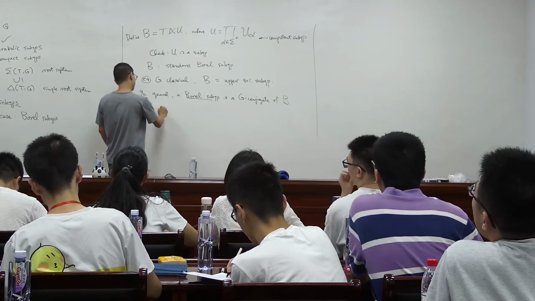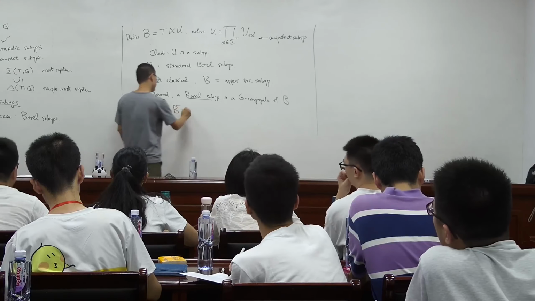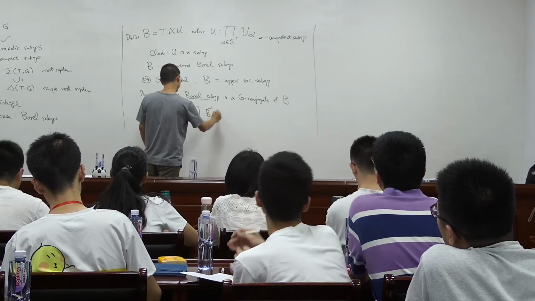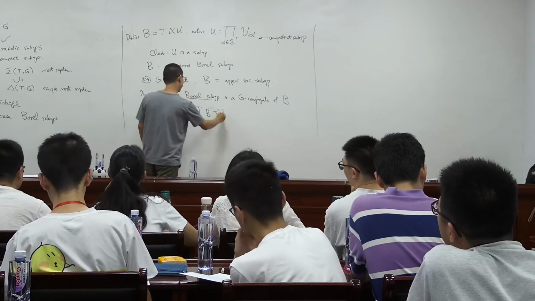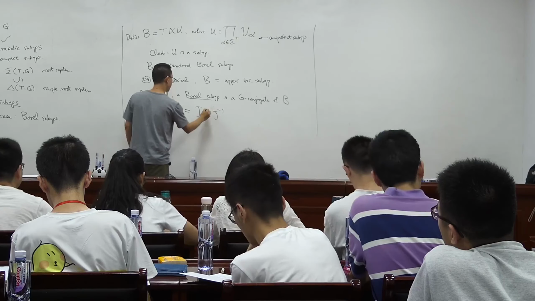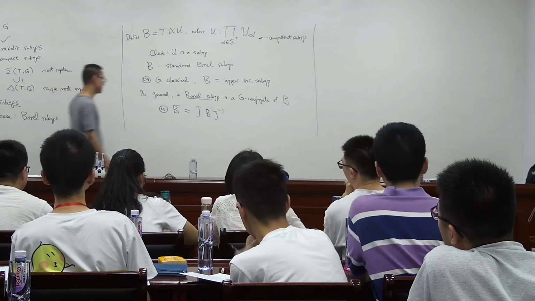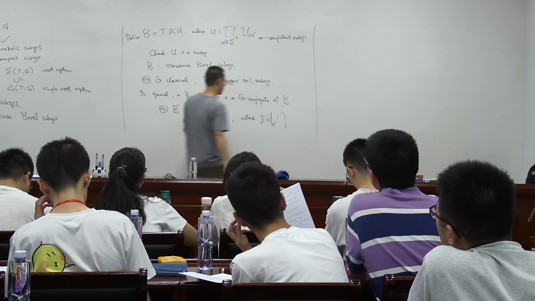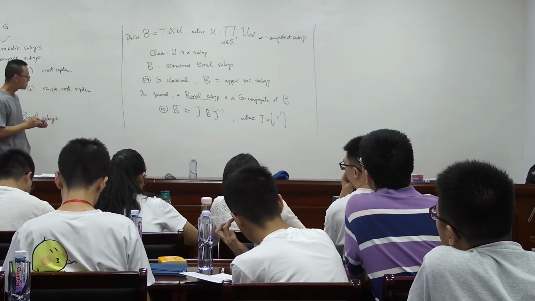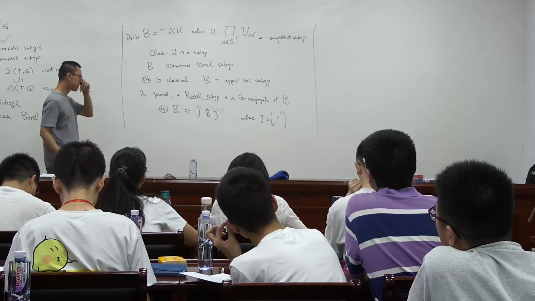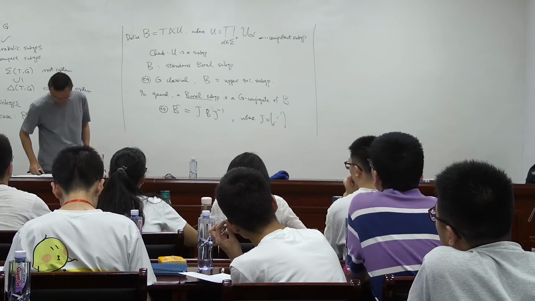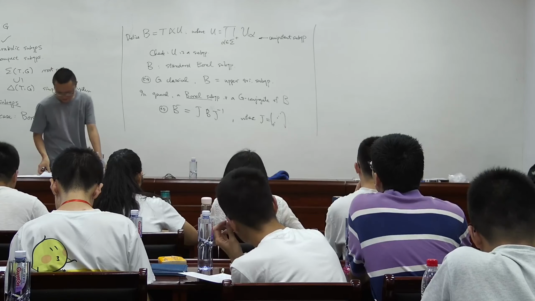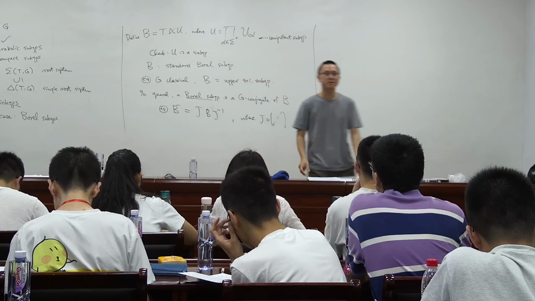For example, you can have B minus, which is, if you remember, a J matrix, where J is the anti-diagonal matrix. So this is also a Borel subgroup. Okay, so far so good.